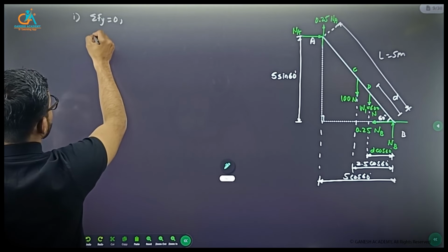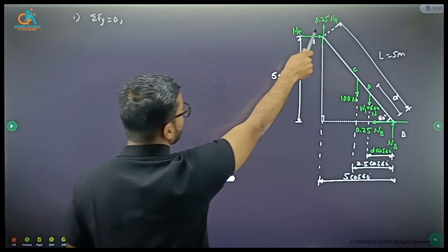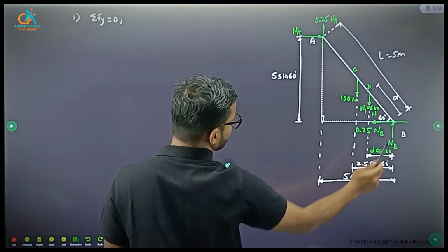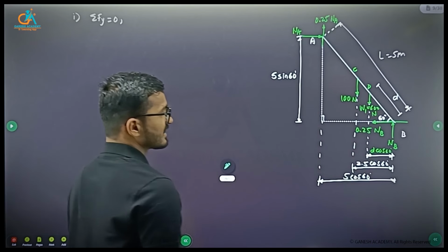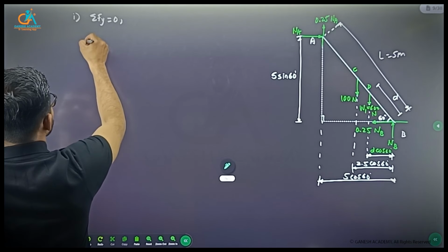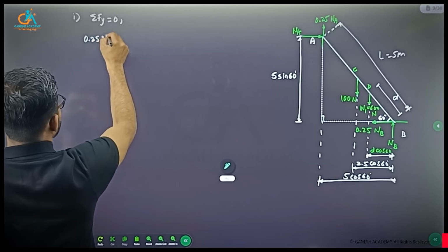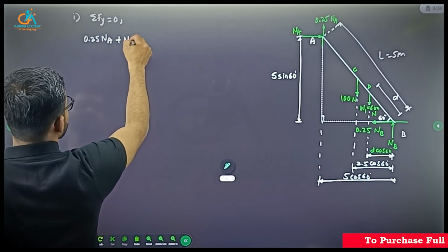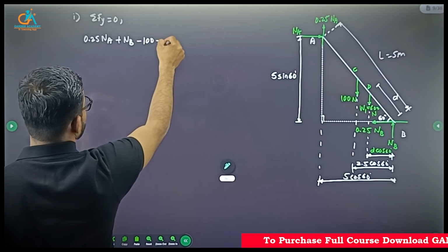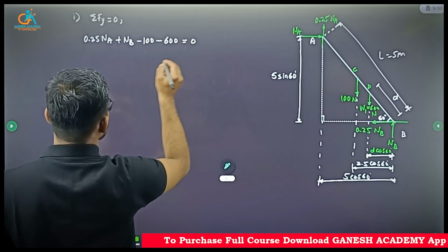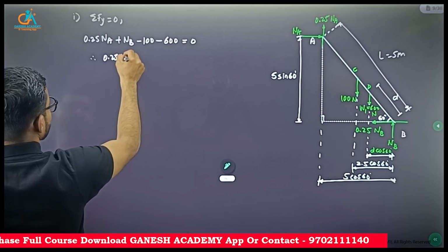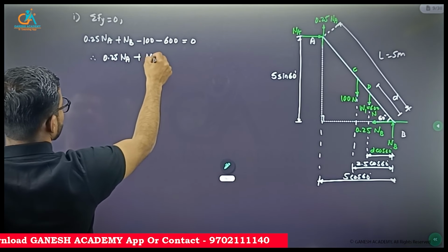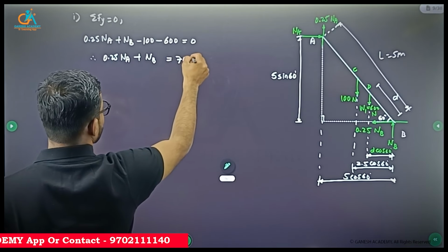So this 0.25 Na upward positive, NB upward positive, and 100 and 600 downward negative. So 0.25 Na plus NB minus 100 minus 600 is equal to 0. So 0.25 Na plus NB is equal to 700.